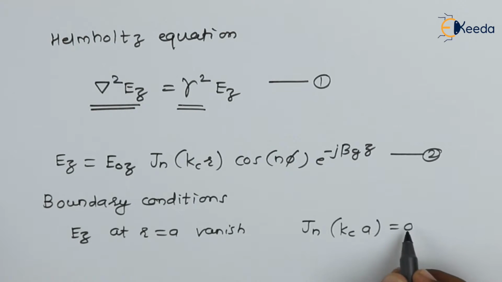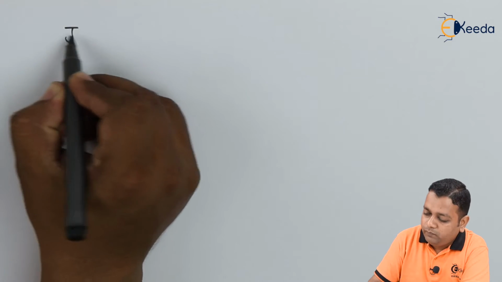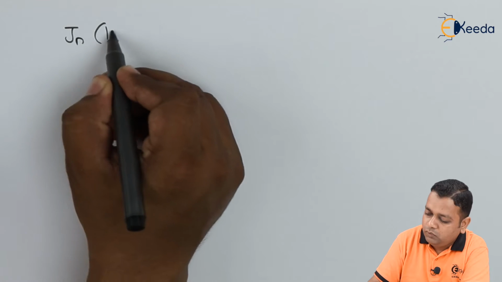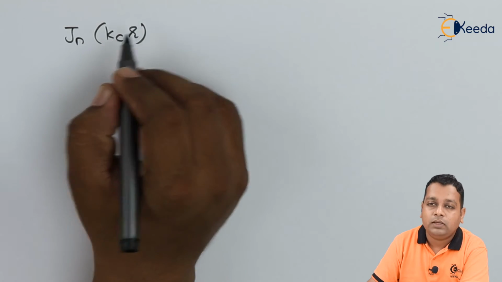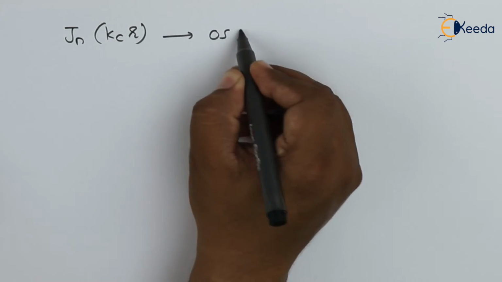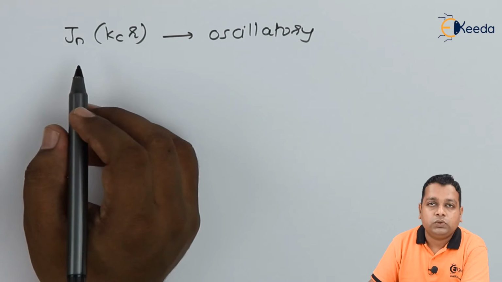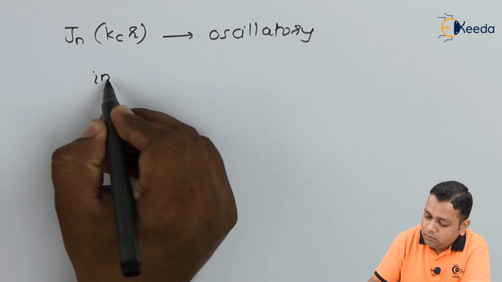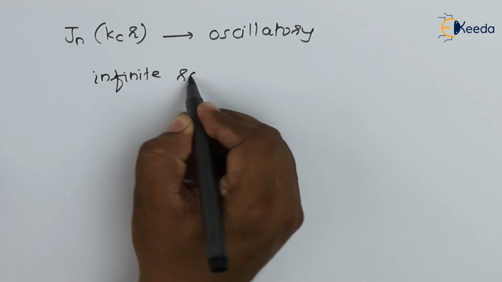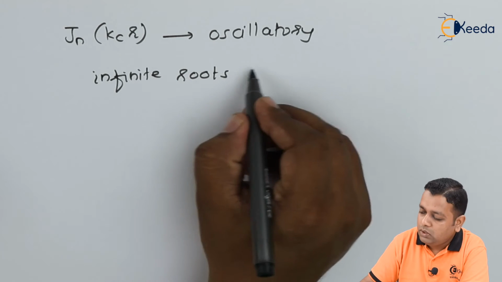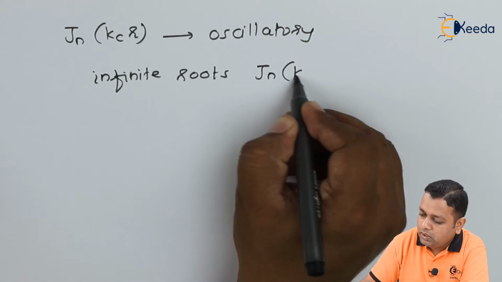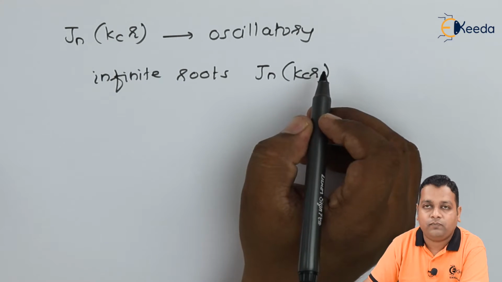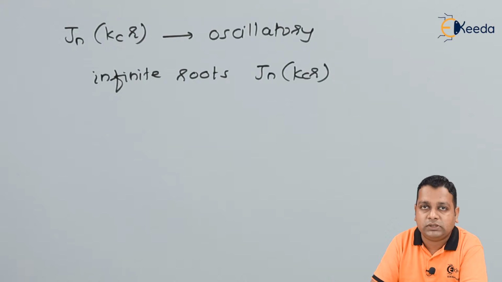Since the Jn function of Kc r is an oscillatory function, there will be a possibility of an infinite number of roots of J suffix n of Kc into a. A few of the roots we shall summarize with the help of the following table.